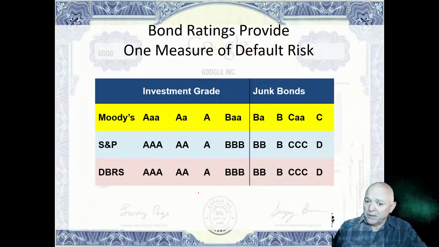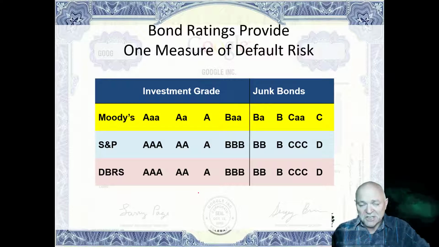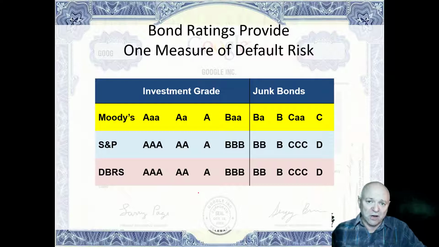If you have a AAA rating with Moody's, Standard & Poor's, Dominion, then you're the best quality of borrower. The chances of you defaulting are incredibly low, at least within the short time frame. AA, still exceptional. A, still exceptional. In fact, all of the bonds that are BBB rated and above, in Moody's case BAA, which we still describe as BBB rated, these are all considered to be investment grade.